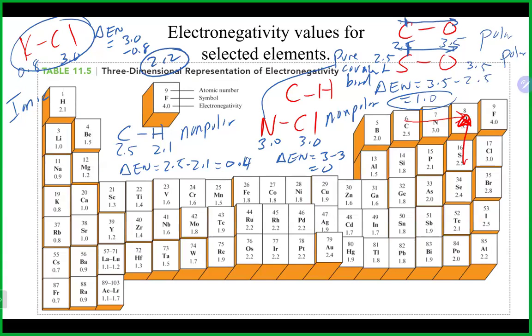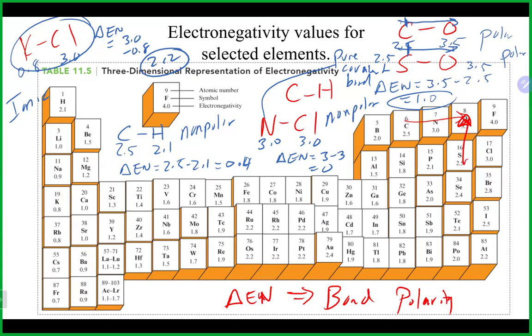What we are looking at here is what I said before. When you use difference in electronegativity values, you typically are looking at bond polarity, as it is sometimes referred to. Bond polarity is simply between the two atoms within that one bond by itself. Are they going to share the electrons equally or unequally?